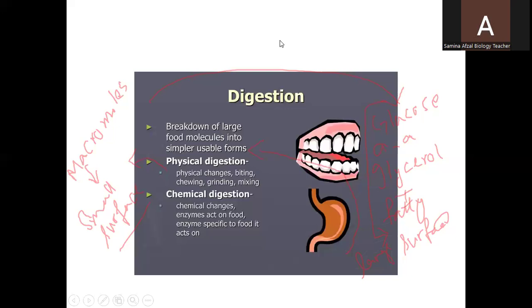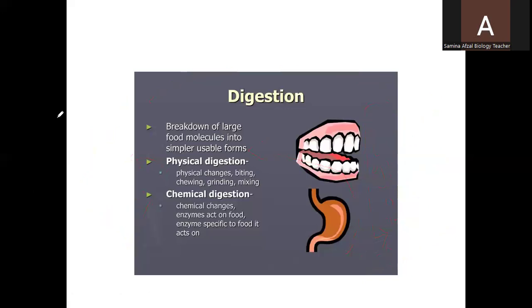Next, what is digestion? Digestion is the breakdown of large food molecules into simpler molecules with the help of enzymes or without the help of enzymes. So digestion is of two types. When digestion takes place without enzymes, it is called physical digestion, and physical digestion can involve biting, chewing, grinding, and mixing.